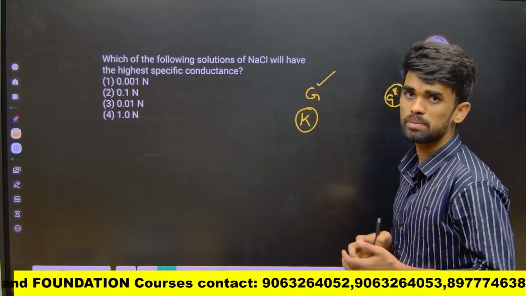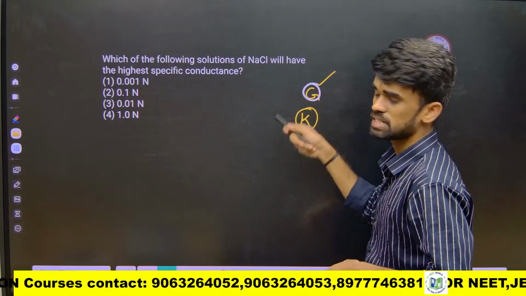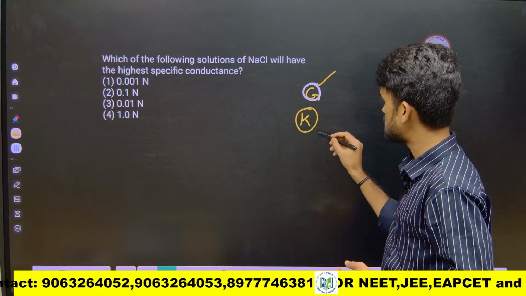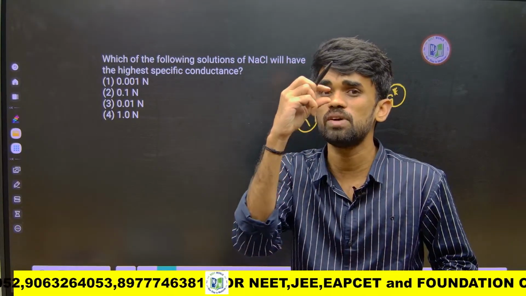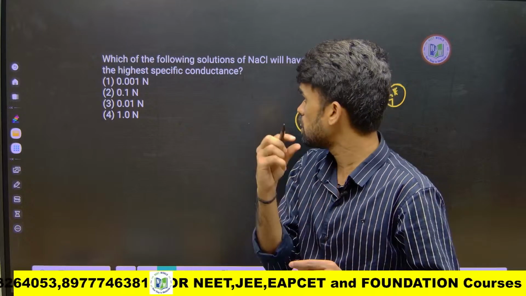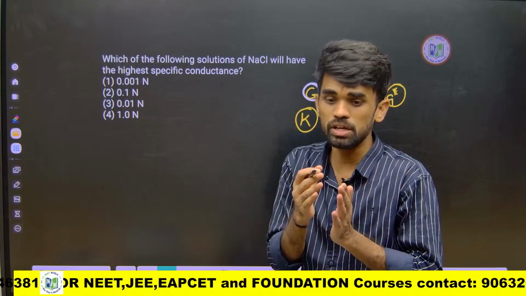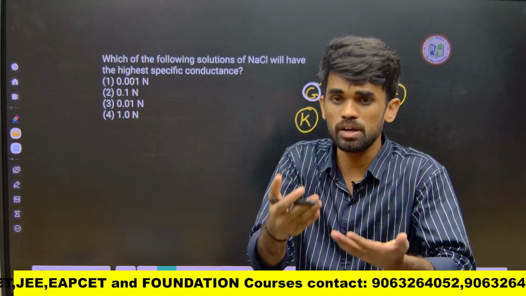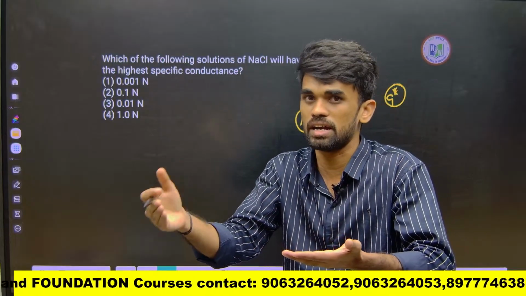So if G is more, conductance is more. K is the specific conductance. It means the conducting power of all the ions present in 1 unit volume. So in 1 unit volume, when there is more concentration, there will be more ions, so more is its conductivity.